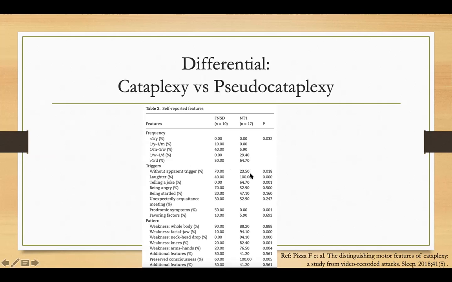Interestingly, positive triggers are more prevalent in cataplexy, such as laughter or telling a joke. And in conversion disorder, there can be other prodromic symptoms. In addition, partial weakness is more prevalent in cataplexy compared to pseudo-cataplexy.